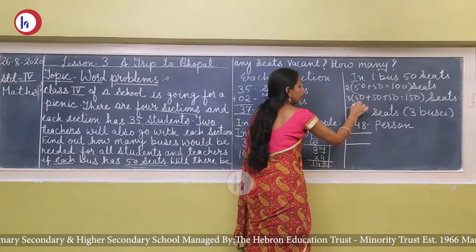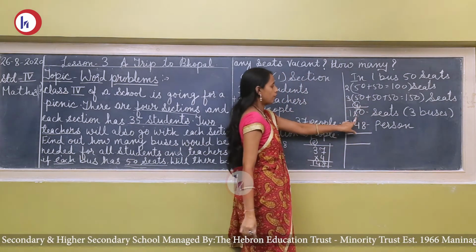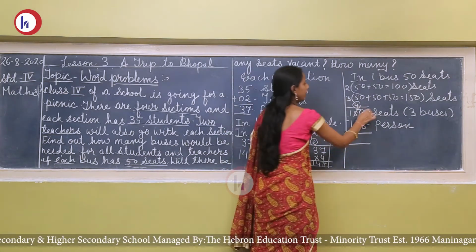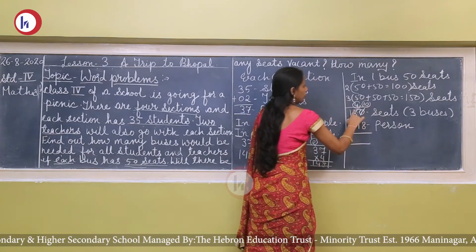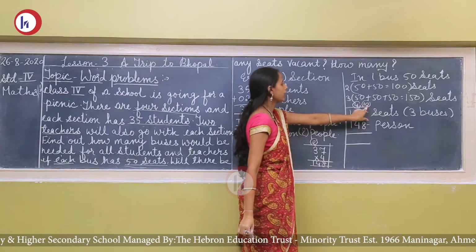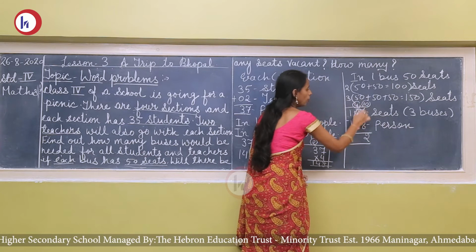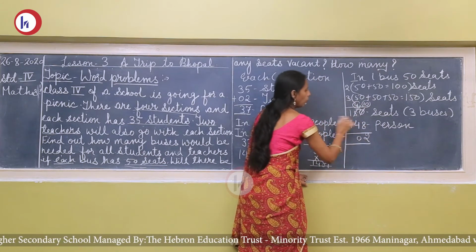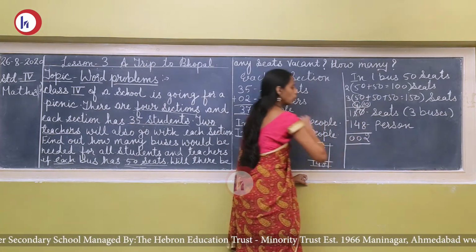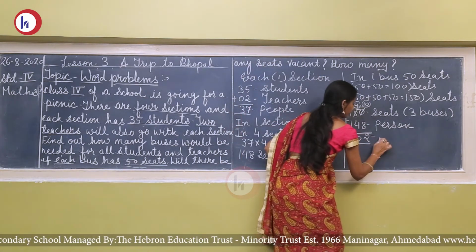It is 5, so we take 1 from 5. 5 minus 1 is equal to 4 and here will be 10. 10 minus 8 is equal to 2. Now 4 minus 4 is equal to 0. 1 minus 1 is equal to 0. So 2 seats will be vacant.